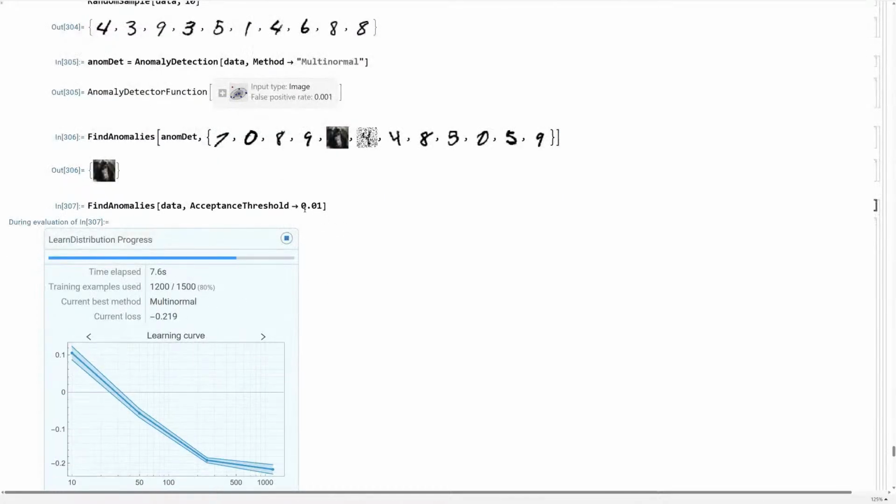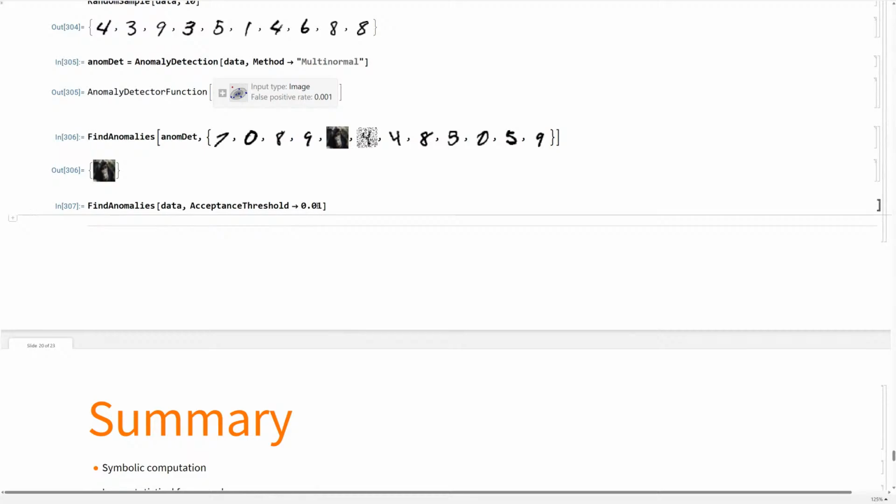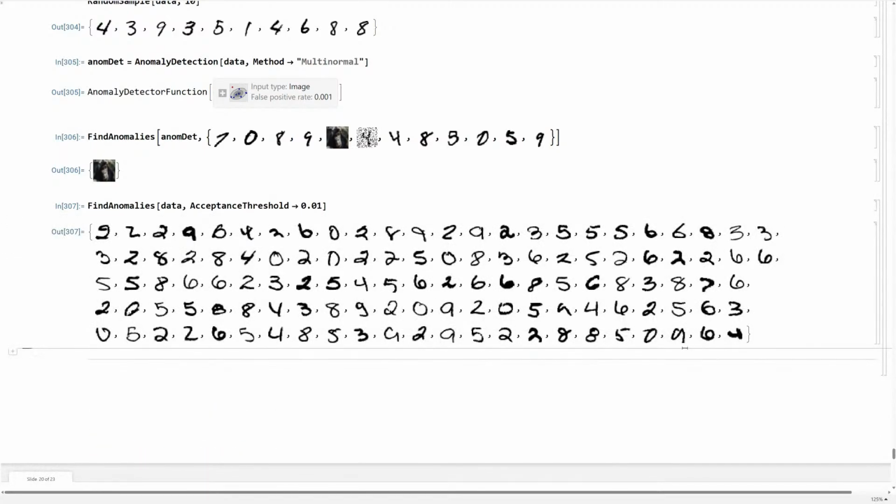Here we're setting the acceptance threshold to 0.01, which I believe means it's taking things that it's not sure about and picking those out. And you can totally change the acceptance threshold. For maybe this one, there is a tiny little chance that they do not fit, they look weird, then they get picked out.